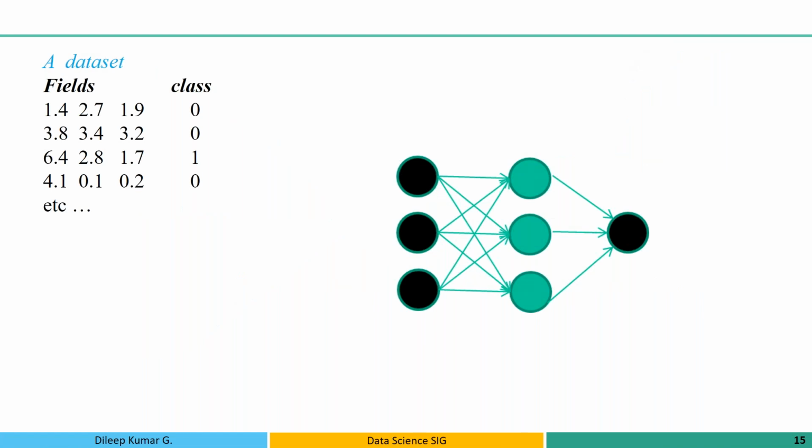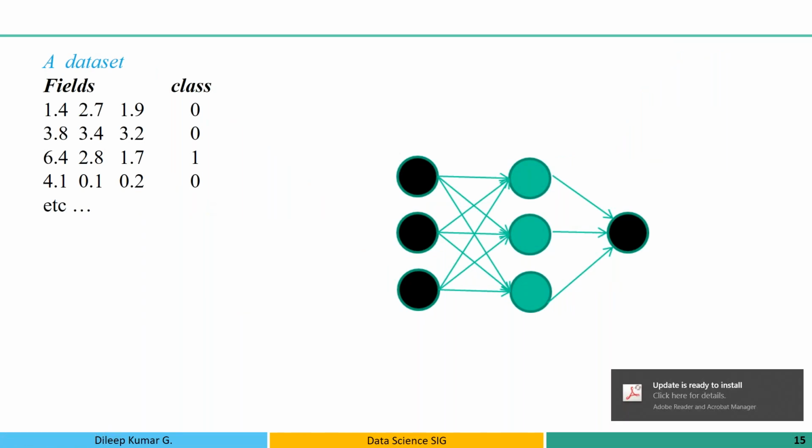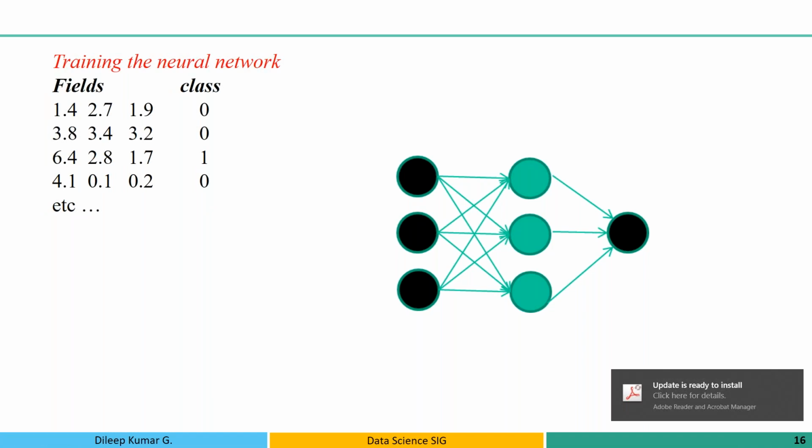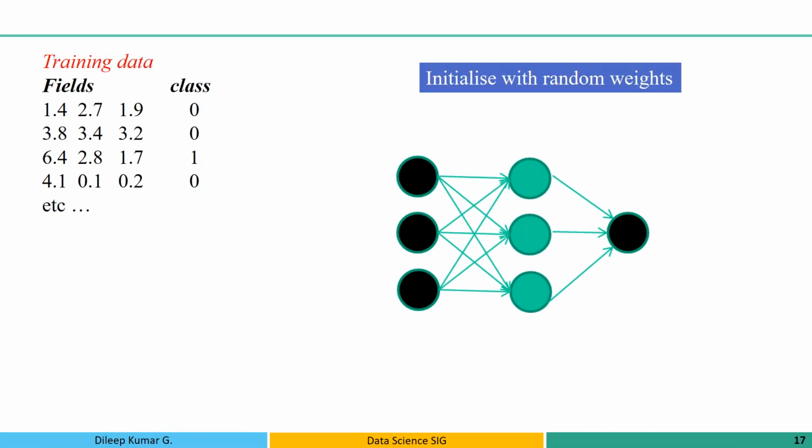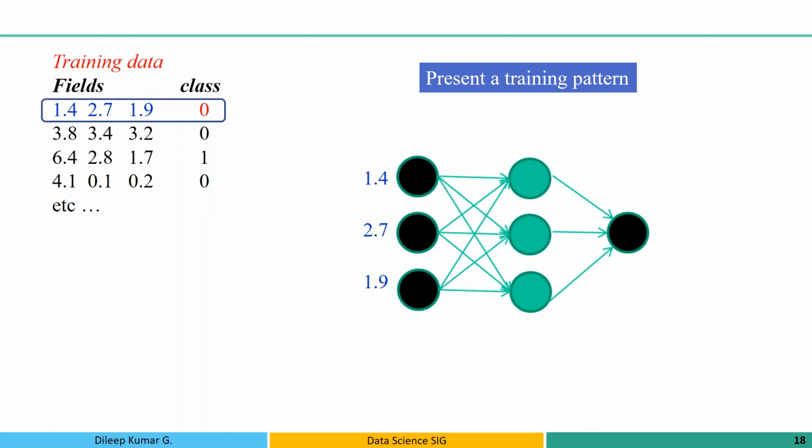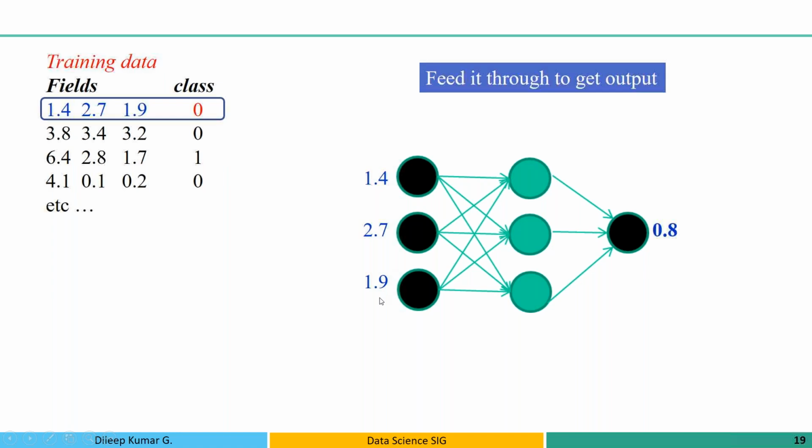So here let's take this data. It's a data set we have here, and I just want to understand the drawback of these neural networks. How these neural networks work is I have to initialize these values. I'm taking the first row, whose values are 1.4, 2.7, and 1.9. I'm considering these three as the input, and then we multiply this input with some weights, and let us assume that you got the output as 0.8.